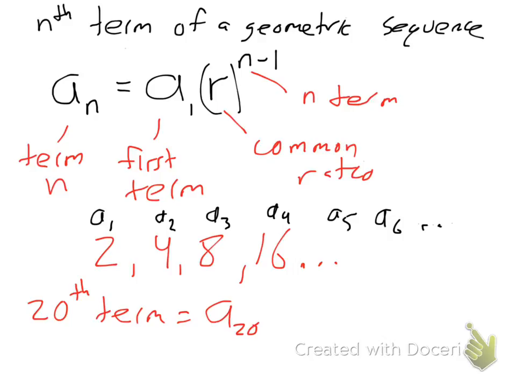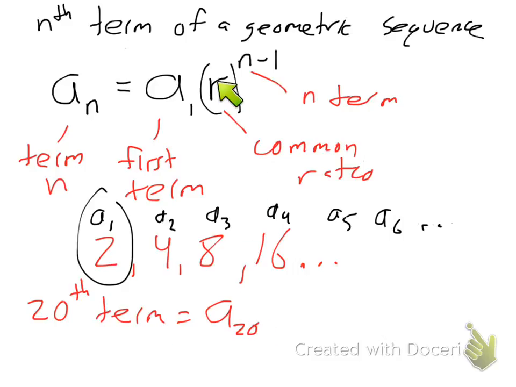And so the better way, guys, is to say, hey, can I find the common ratio? Do I know the first term? I know the first term. That's here. N will be 20 because I'm looking for the 20th term.